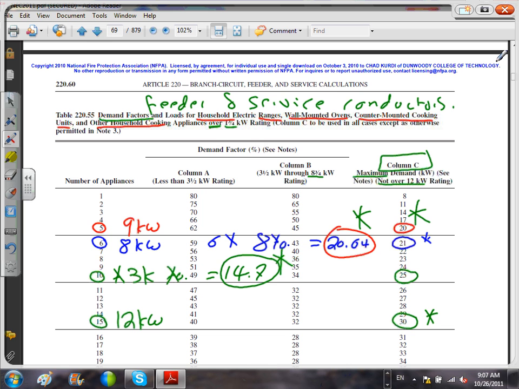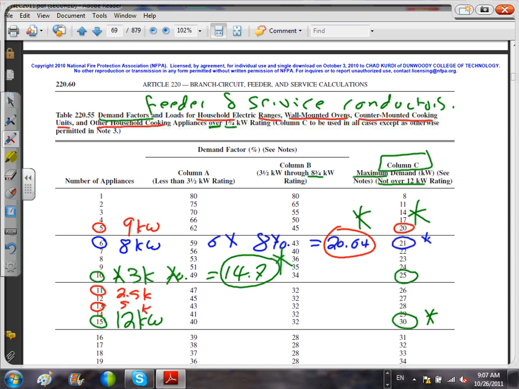I have, under this column, 11 of 2.5K, and I have 13 of, let's just say, 5K. I have 11 at 2.5K and 13 at 5K.